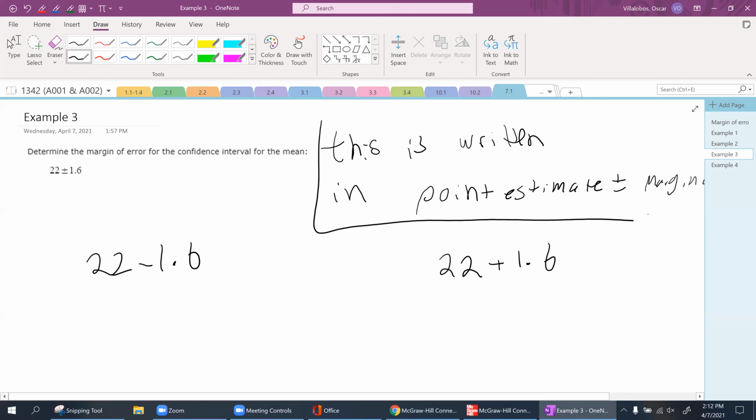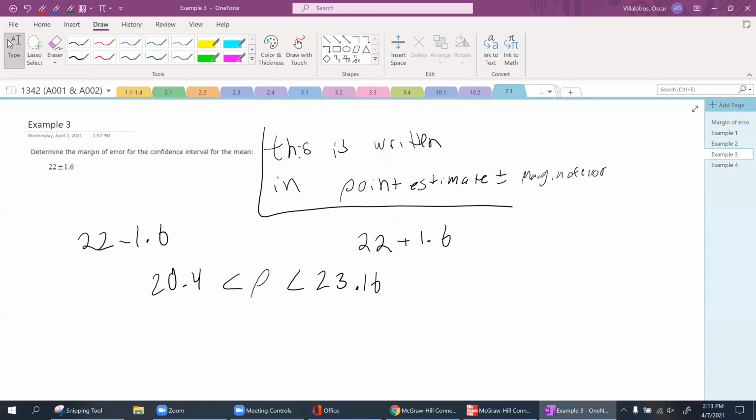The higher one would give me 23.6, and the lower one gives me 20.4. Those are my upper bound and my lower bound.